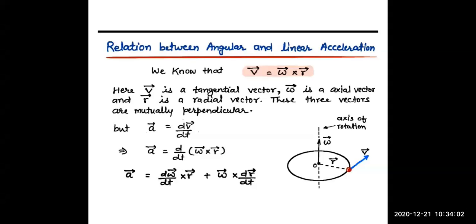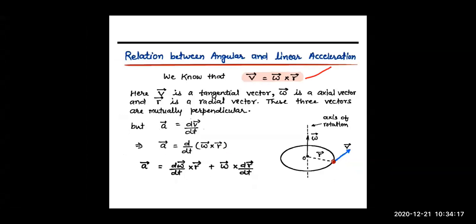Now children, let's derive the relation between the angular acceleration and the linear acceleration. We just now derived the relation between angular velocity and linear velocity, right children? So we know this relation, that is v equals omega cross r, where v is the linear velocity, omega is the angular velocity, and r is the position vector of the particle from the center, right?